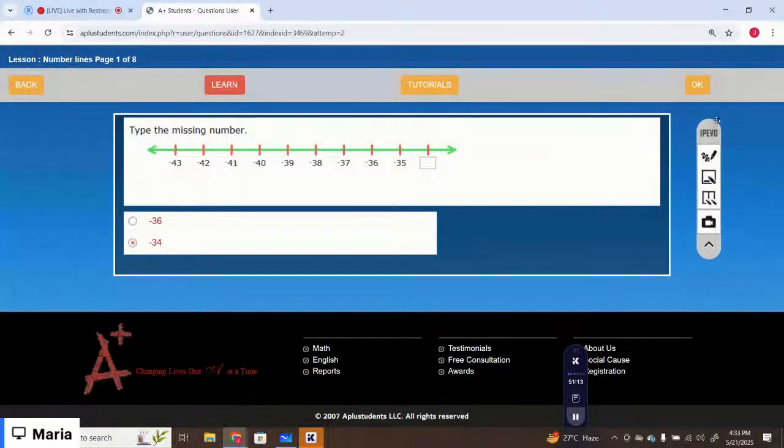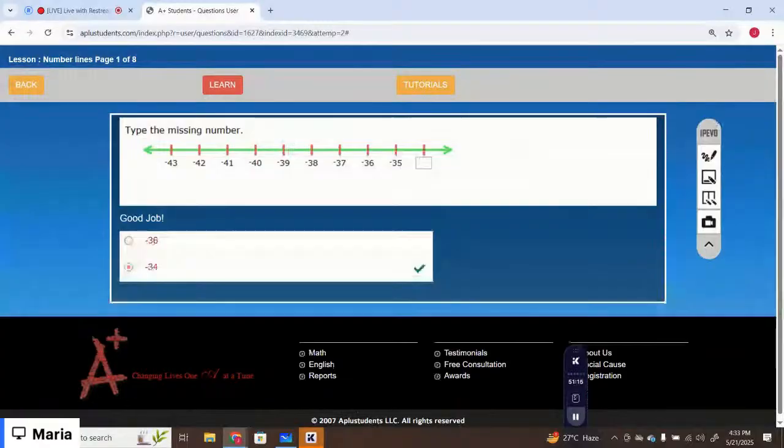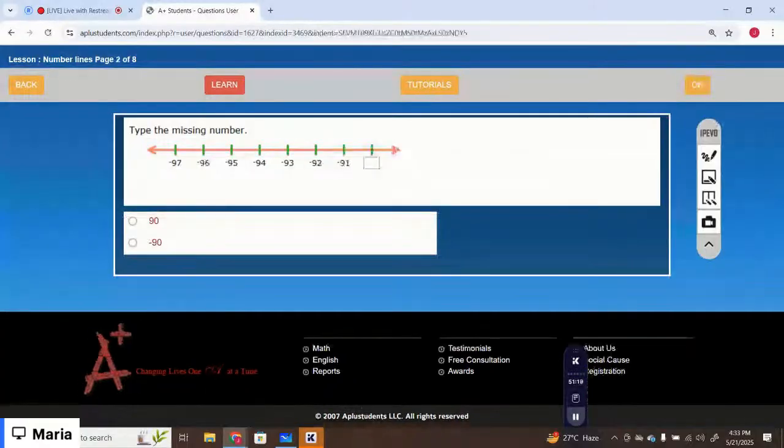Option number 2 is the correct option. That is negative 90. Option number two is the correct option.